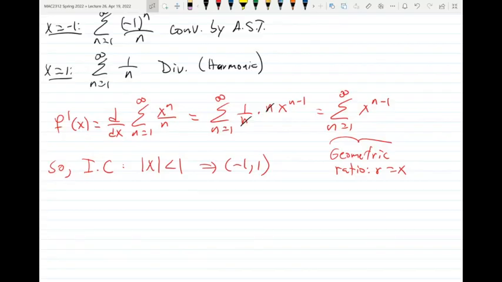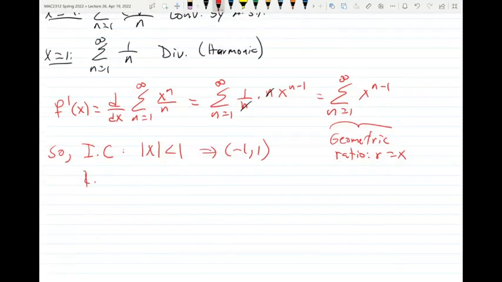We know this series converges only when the absolute value of the ratio is less than 1, and diverges otherwise. So the interval of convergence is the absolute value of x less than 1. And notice that the radius of convergence is still 1. That number didn't change, but the behavior at the endpoint did change.